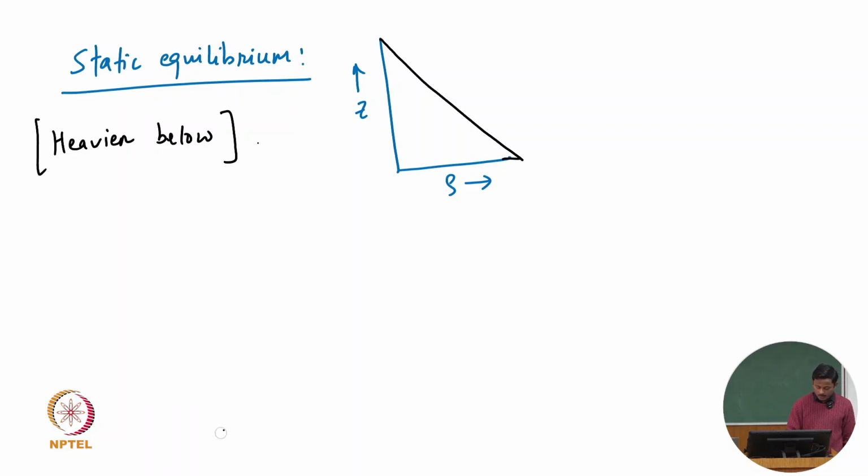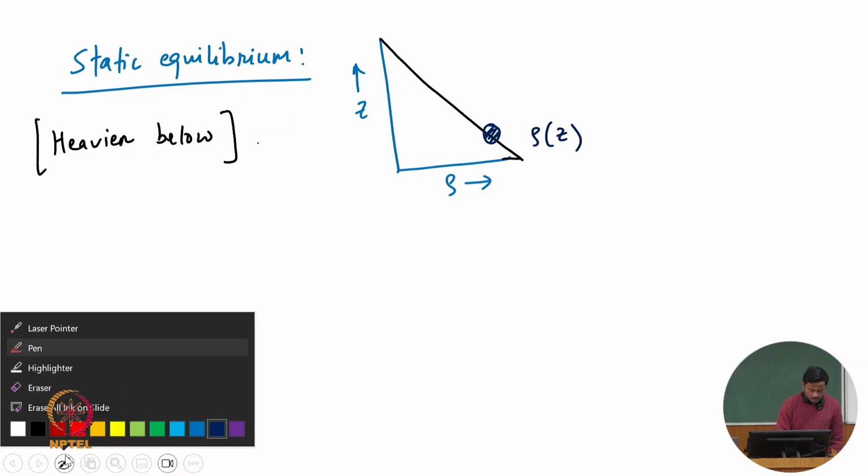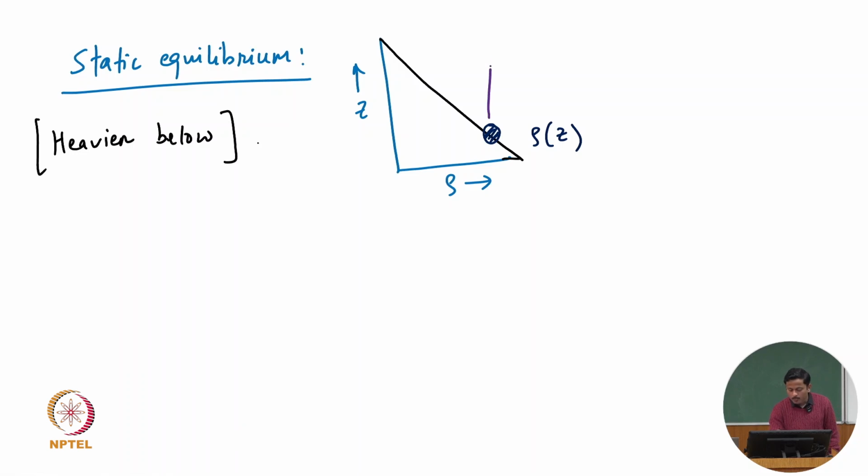Okay, z is the coordinate, and let's say we have a fluid element at location z, which is being taken up to a position separated by a distance h.